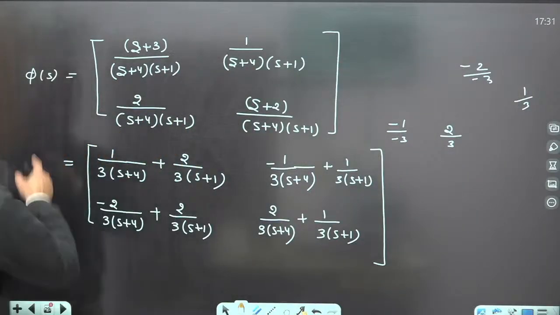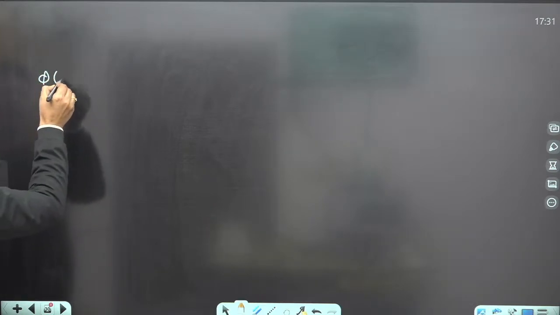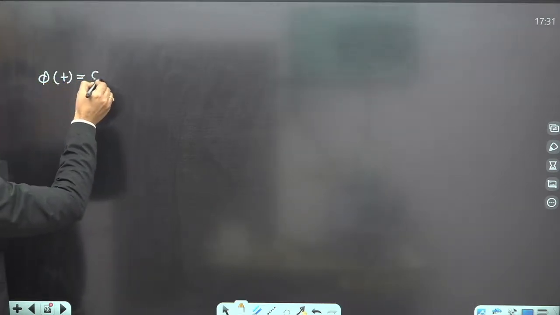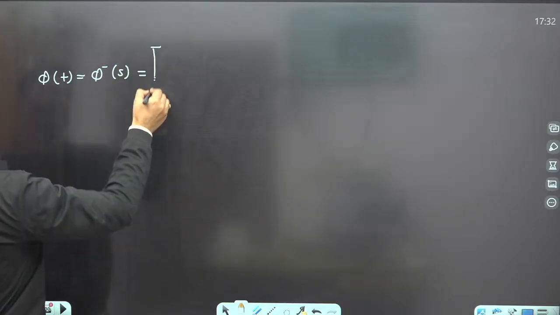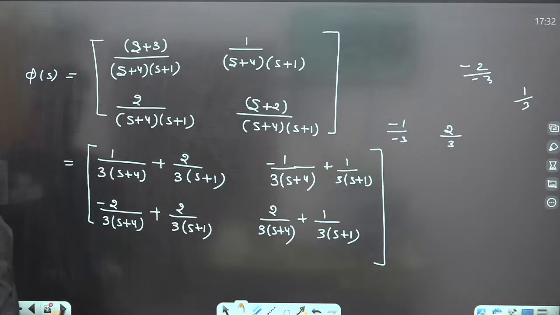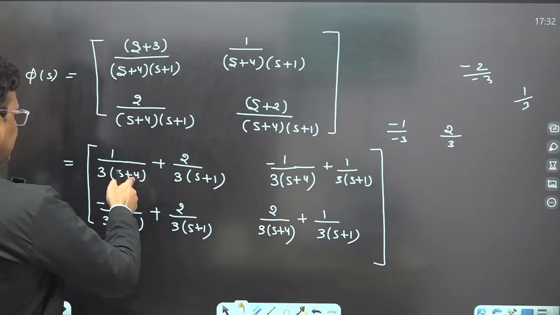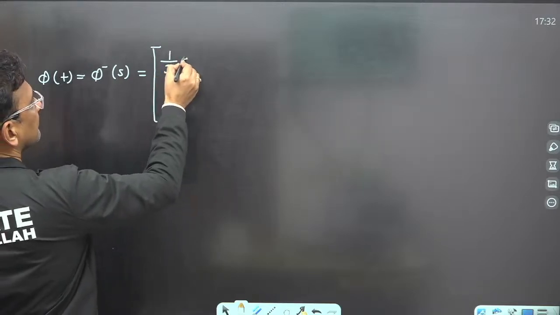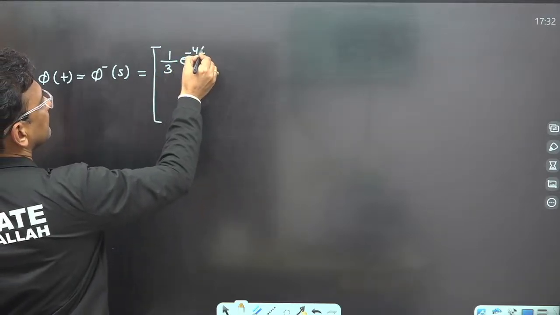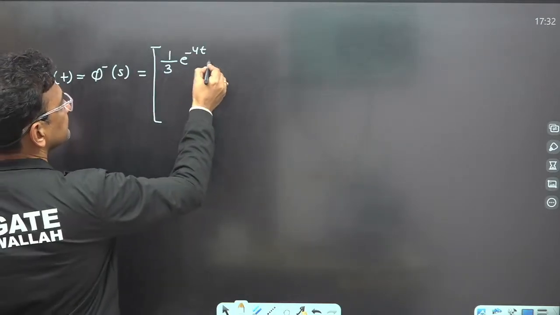So if I take the inverse Laplace, phi(t) is nothing but the inverse Laplace of phi(s). One upon 3 e raised to the power minus 4t, plus 2 by 3 e raised to the power minus t.